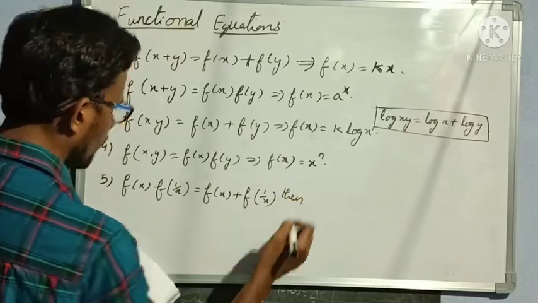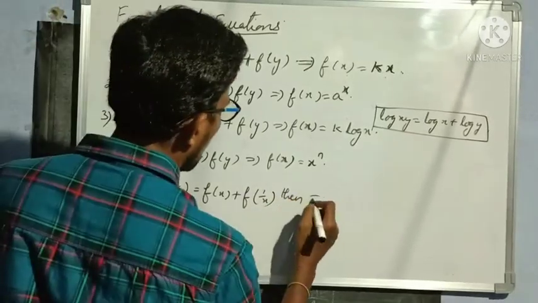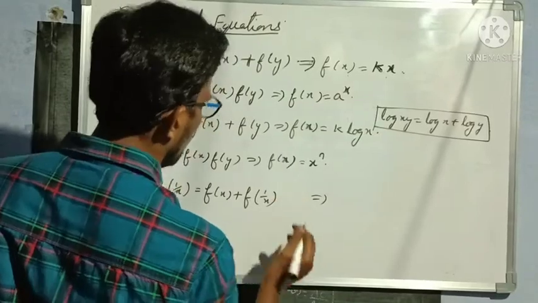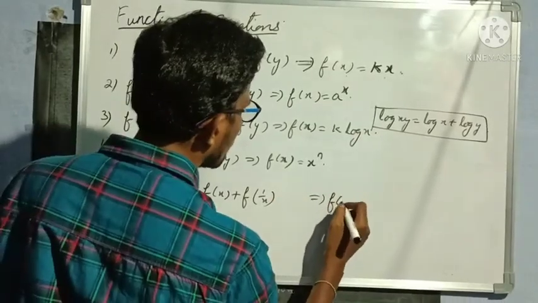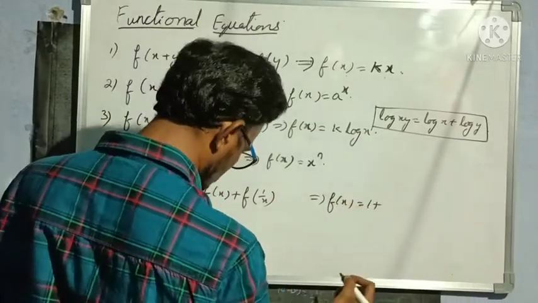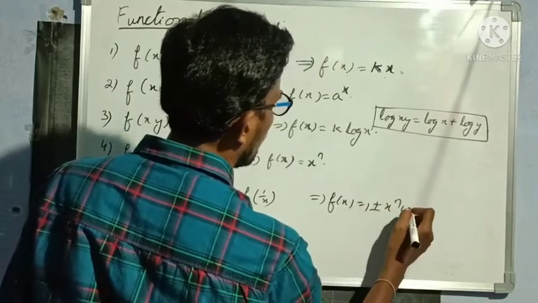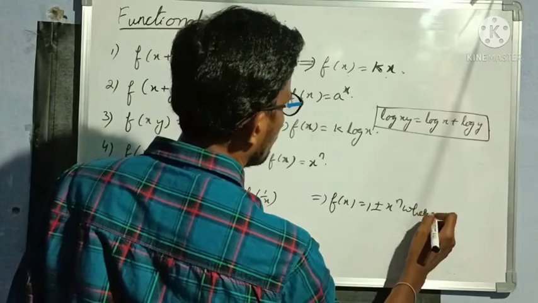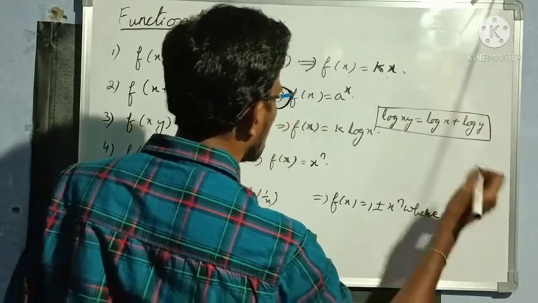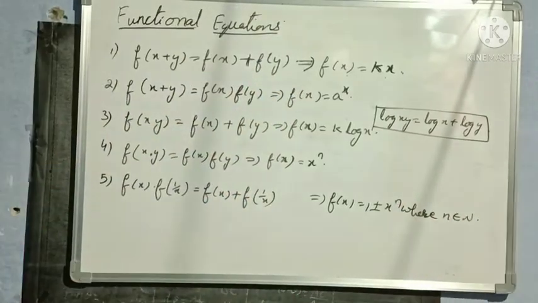Then this implies f of x is equal to 1 plus or minus x power n, where n is a natural number, means n belongs to N. Okay, these are very very important functional equations. So note down.